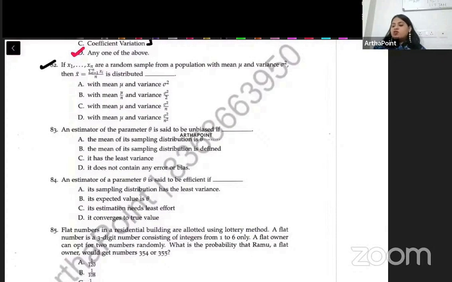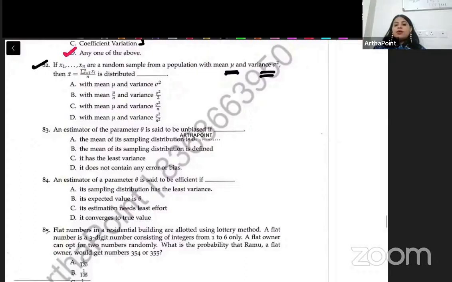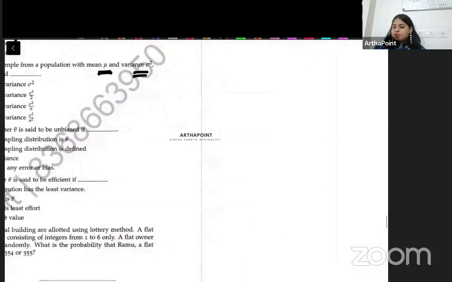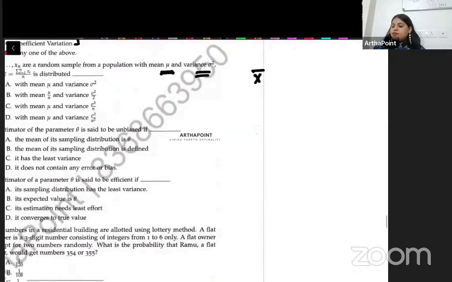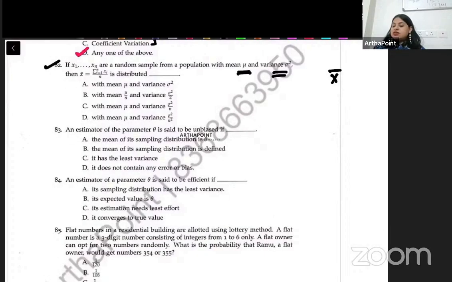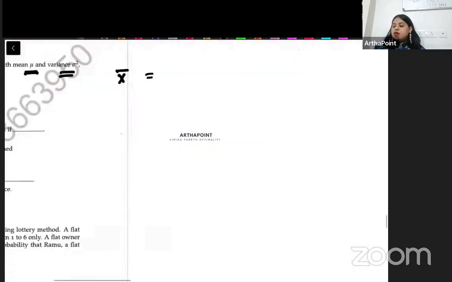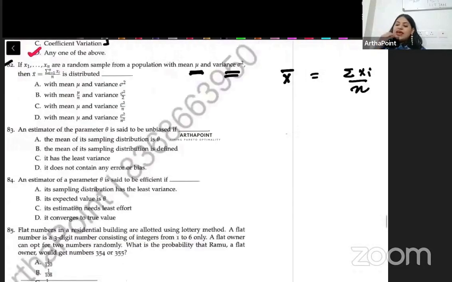Okay, come to the next question. If x1, x2 till xn are a random sample from a population with mean mu and variance sigma square, then x bar is distributed how? x bar is summation xi by n. Each xi has a mean of mu.